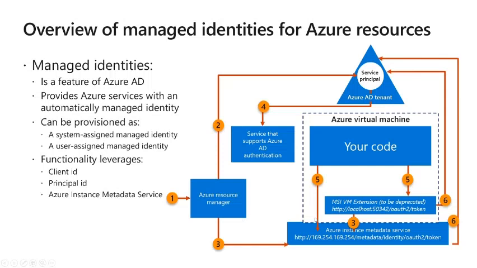Then your code that's running on the VM can request a token from an endpoint that is accessible only from within the VM, the Azure Instance Metadata Service identity endpoint. Then a call is made to Azure AD to request an access token as specified in step 5.